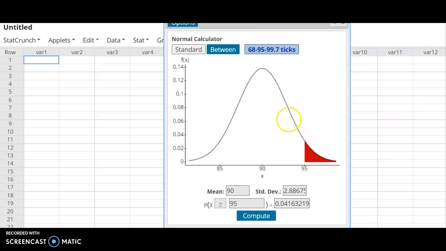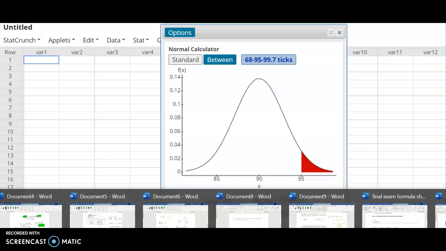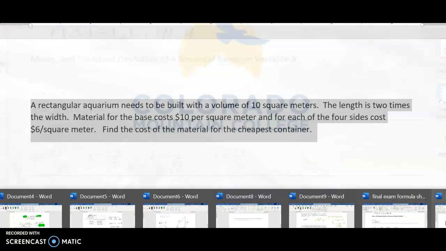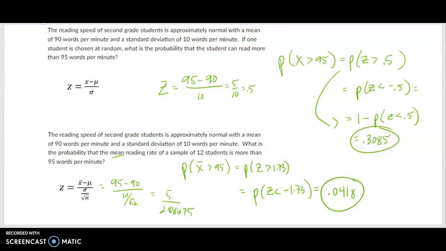And we're close. We're not exactly there, but it gives you pretty close to the same result that we got, which was 0.0416. What did we get? I got too many files open here. Oh, here it is, 0.0418. So close enough.